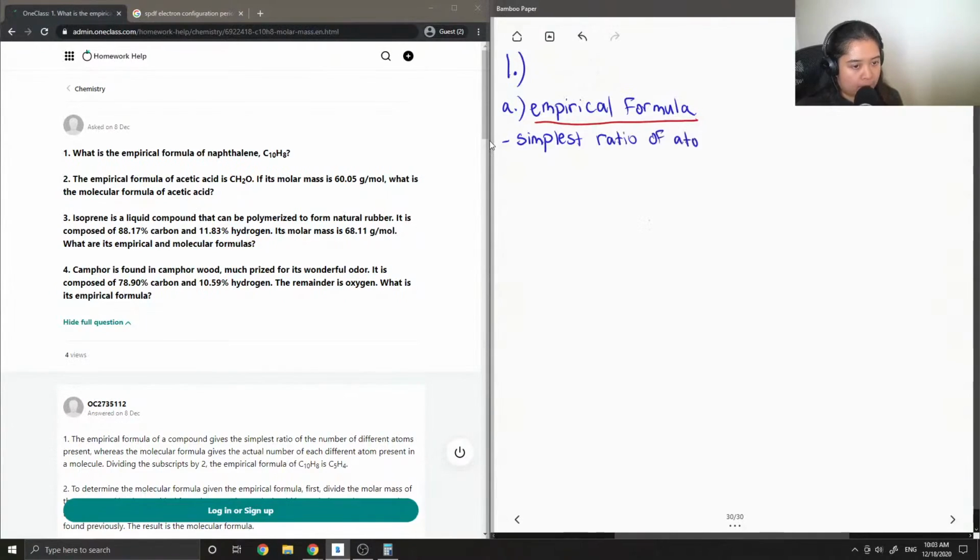The opposite of the empirical formula would be the molecular formula. In the case of naphthalene, the molecular formula is C10H8. So if we wanted to find its empirical formula, we would just need to write C10H8 in the simplest ratio.